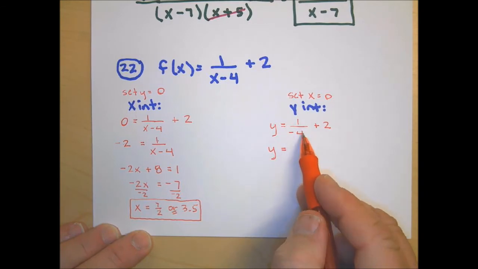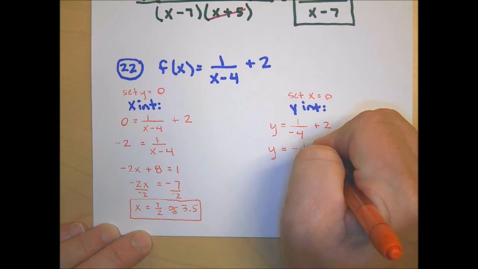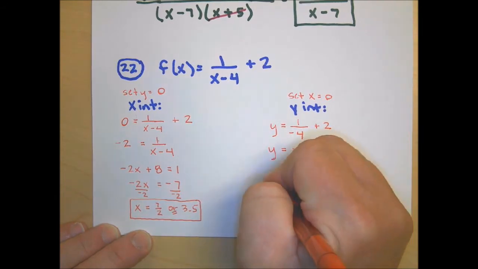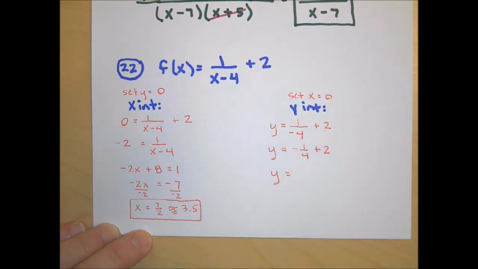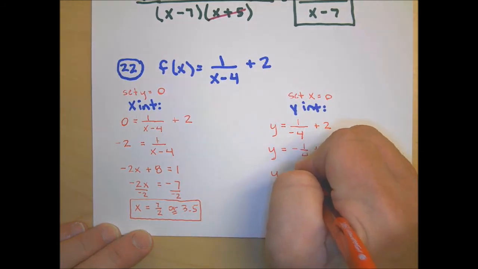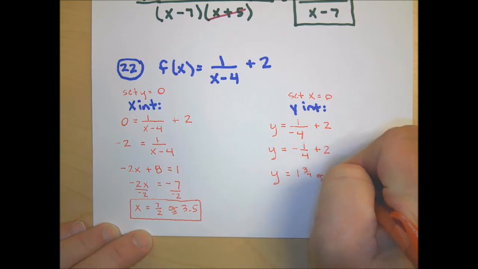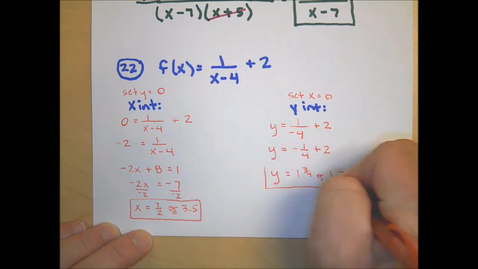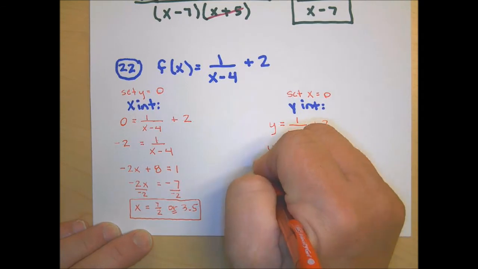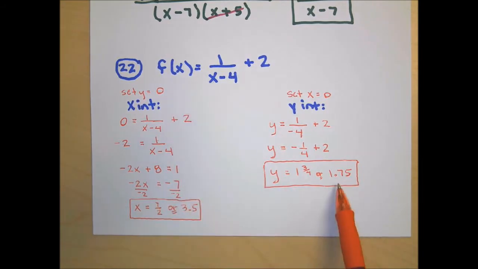Positive divided by negative is negative, so think of that as just negative 1/4 plus 2. And negative 1/4 plus 2 is 1 3/4, or 1.75. And that is the location of the y-intercept. If you graphed this, it would cross the y-axis right here.